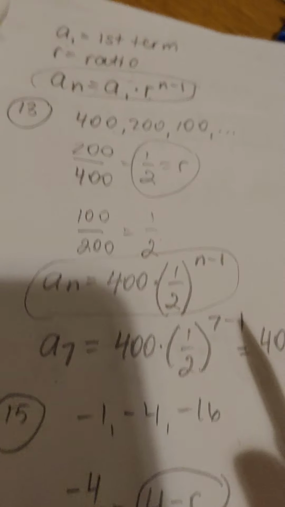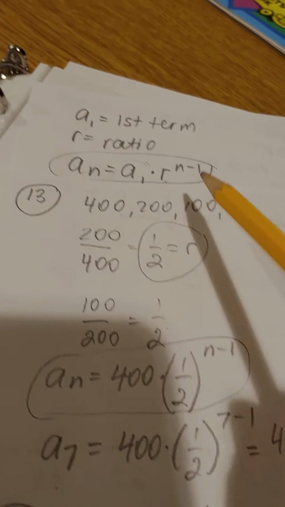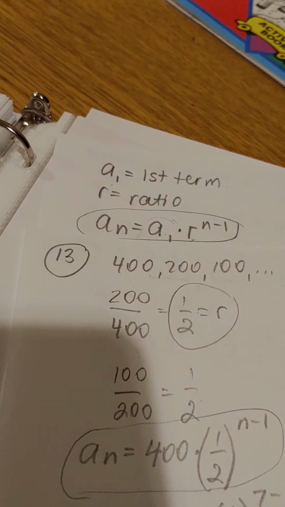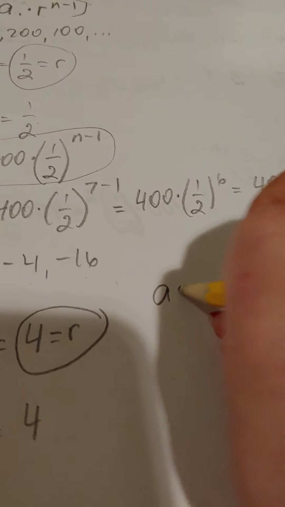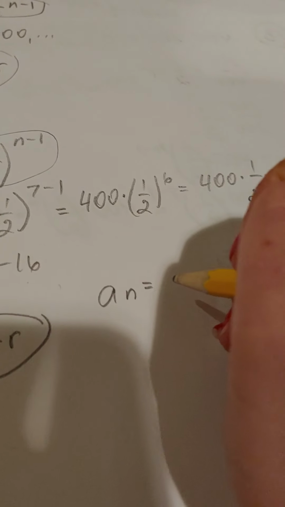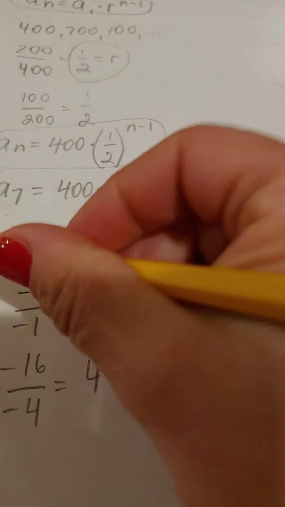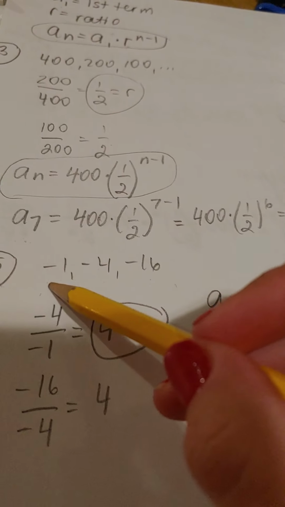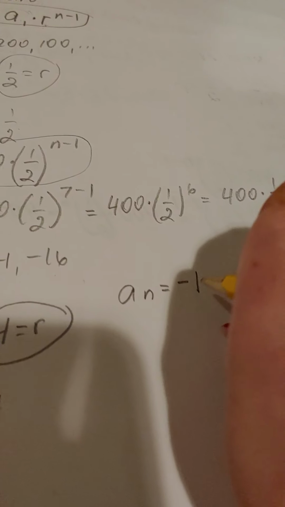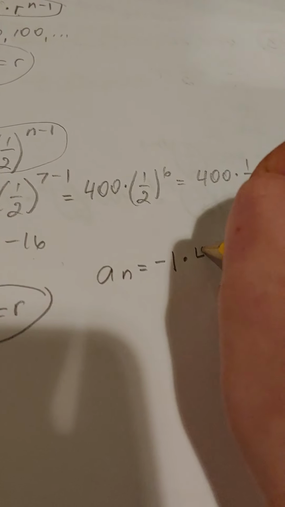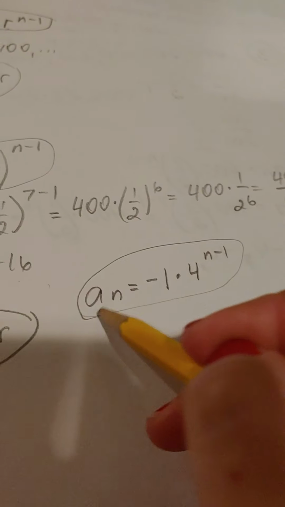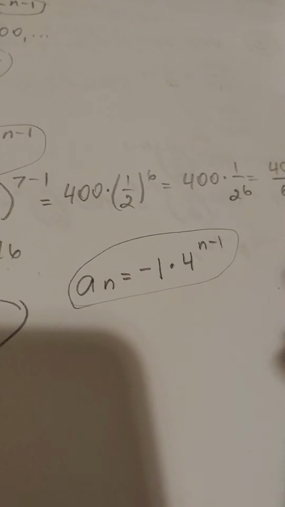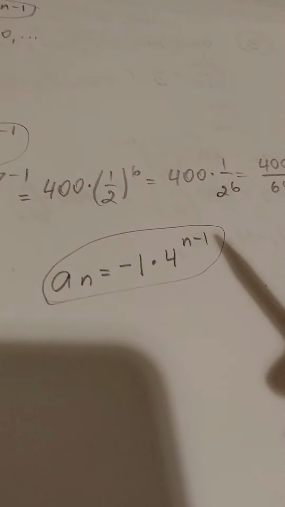So again, this is my general formula. What I'm going to do is plug in the numbers. A_n equals my first term, which is -1, and then -1 times 4 to the power n minus 1. So this is the general formula to find any term of this sequence.